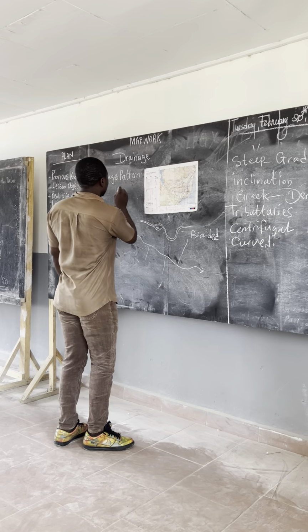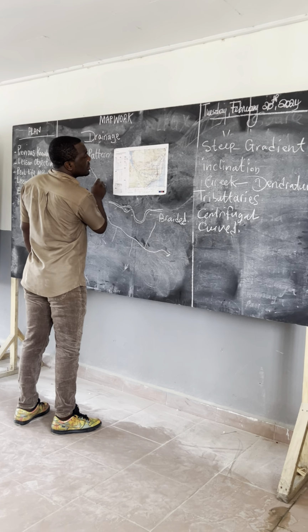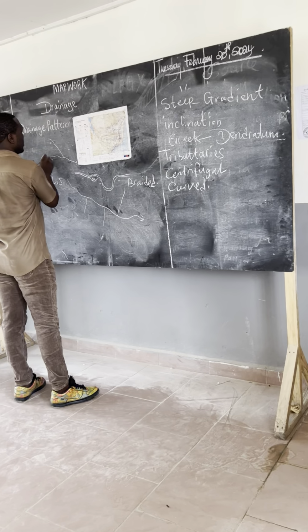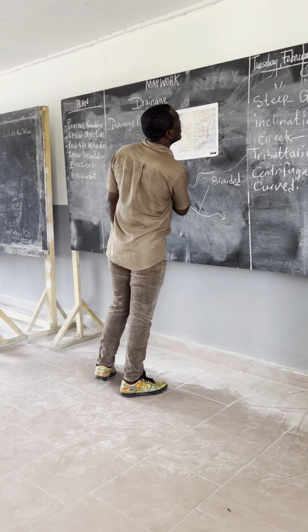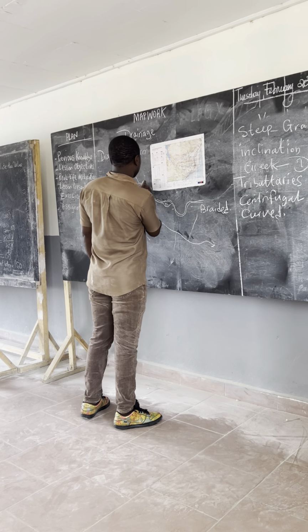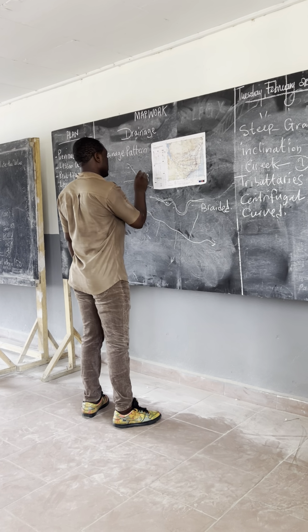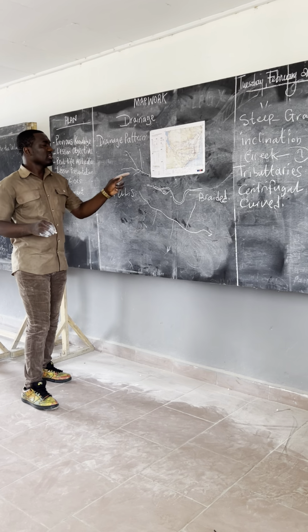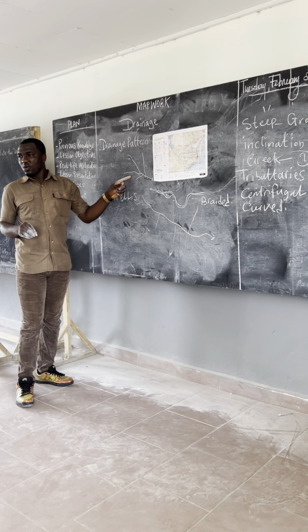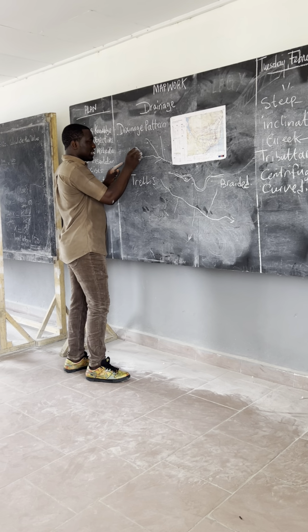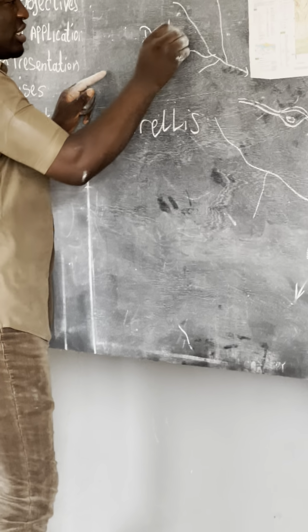In 9107, the stream flows like this. What type of drainage pattern is this? Dendritic. That is true. That is a dendritic drainage pattern.